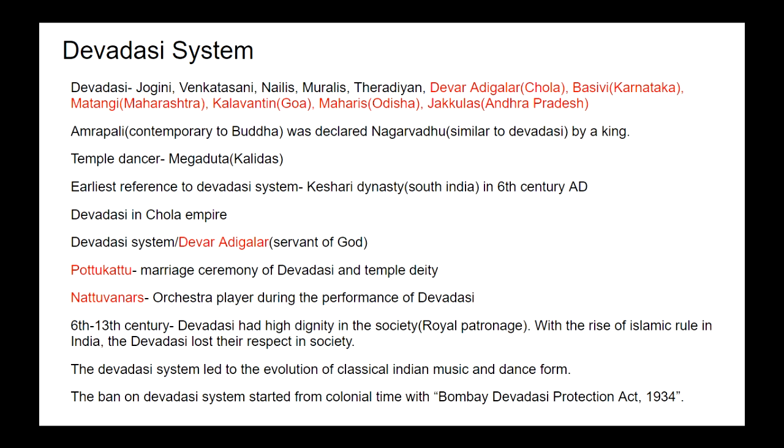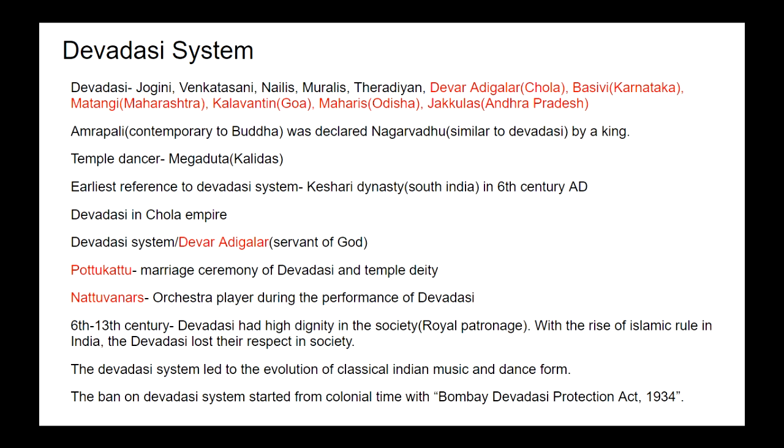From 6th to 13th century AD, Devadasis had high dignity in society. They got royal patronage. But with the rise of Islamic rule in India, the Devadasis lost their respect in society from 13th century onward. And their condition deteriorated with time from 13th century AD onwards.